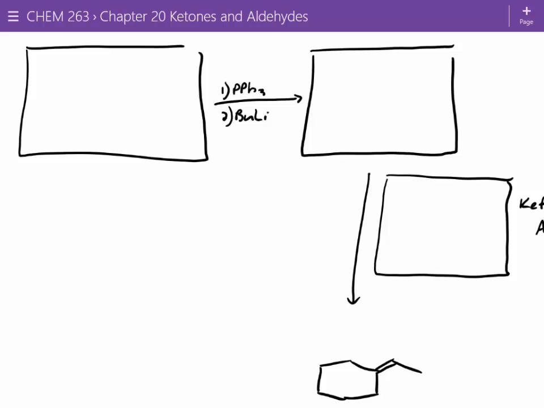It might help if you go back to the example methodology we did where we looked at our two options.